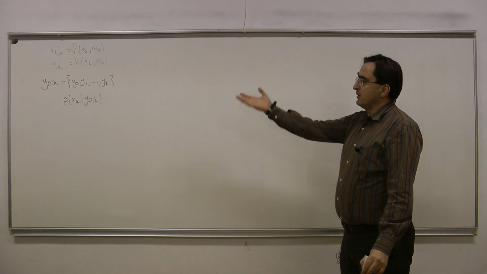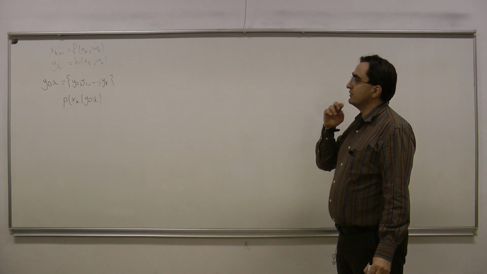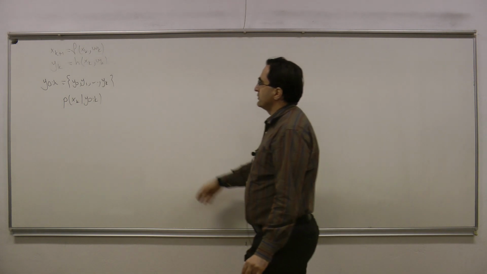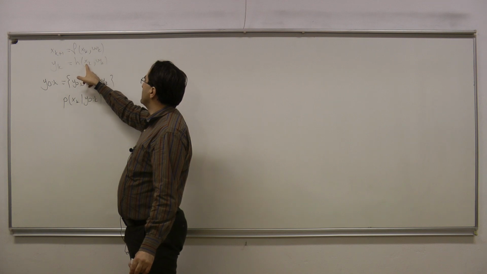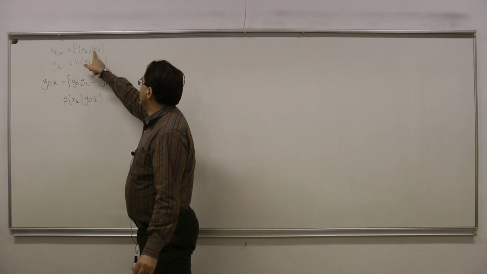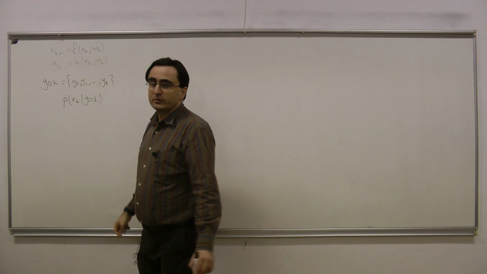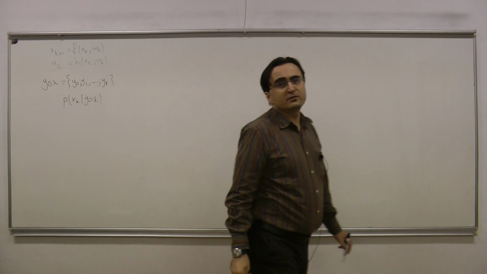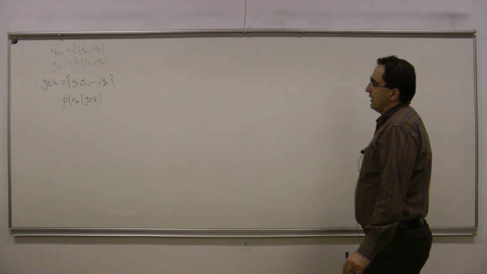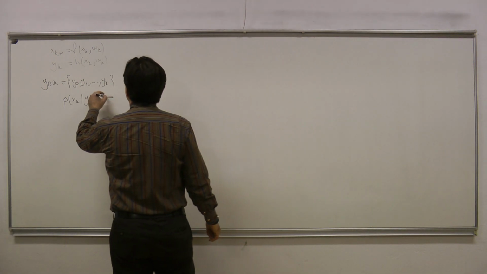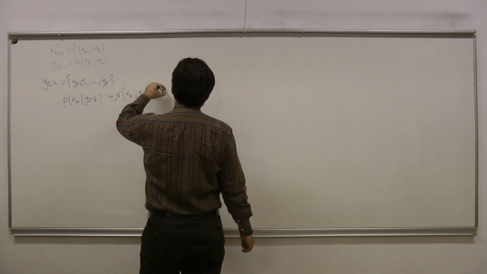And people always try to calculate this type of distribution. If the system is linear and Gaussian, if f and h are all linear in x_k and w_k, x_k and v_k, and if the noises are Gaussian distributed, and suppose that the noises are white as well, in that case this distribution becomes a Gaussian density, and this Gaussian density is usually denoted as x_{k|k} and P_{k|k}.